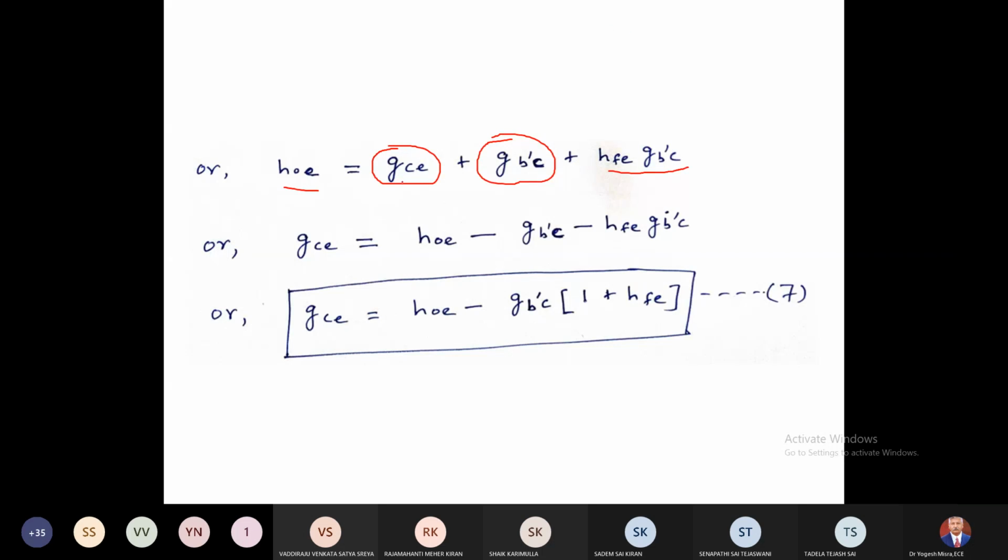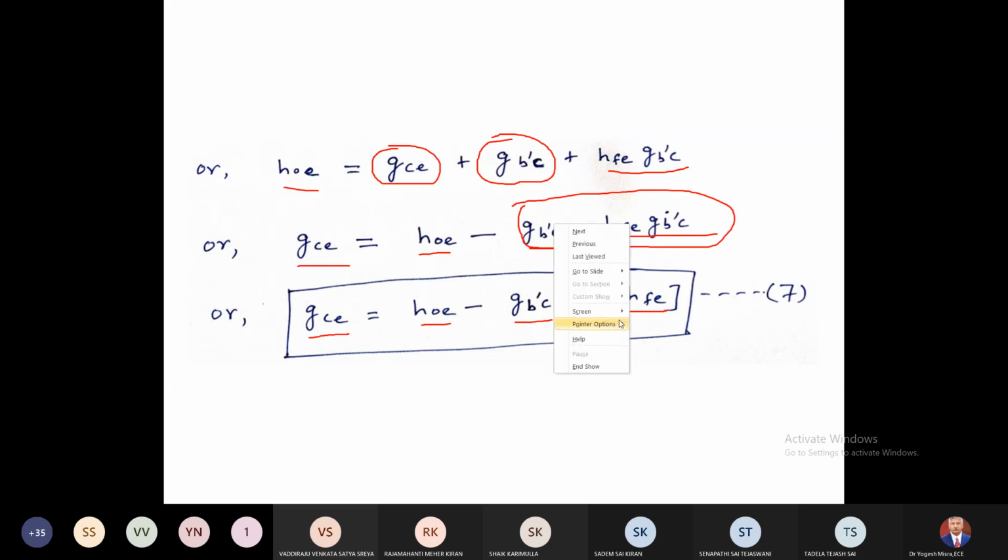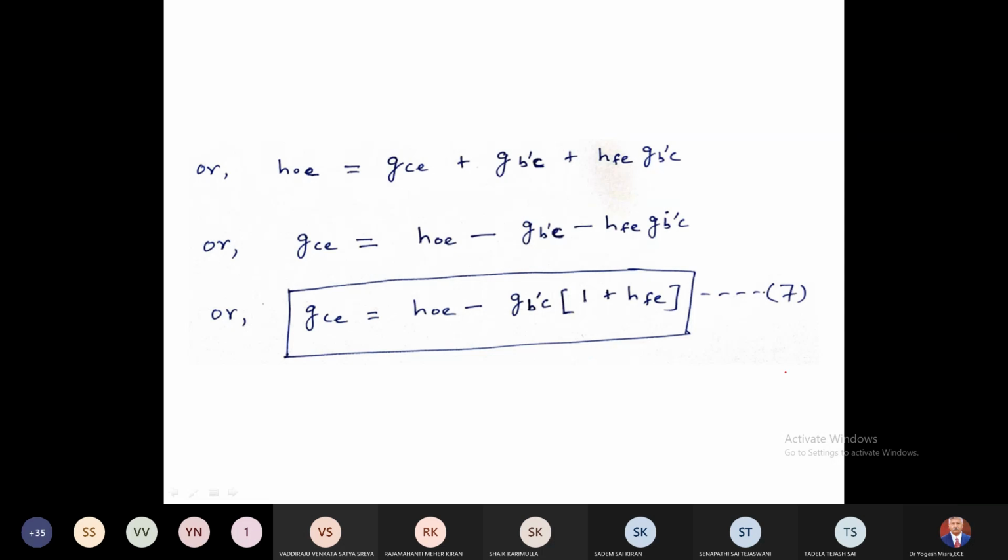So I will bring this expression in terms of GCE. So GCE is equal to HOE minus GB'C minus HFE GB'C, or the output conductance GCE is HOE minus, in these two terms, I will take GB'C common, so 1 plus HFE, right? So this is the expression for output conductance.